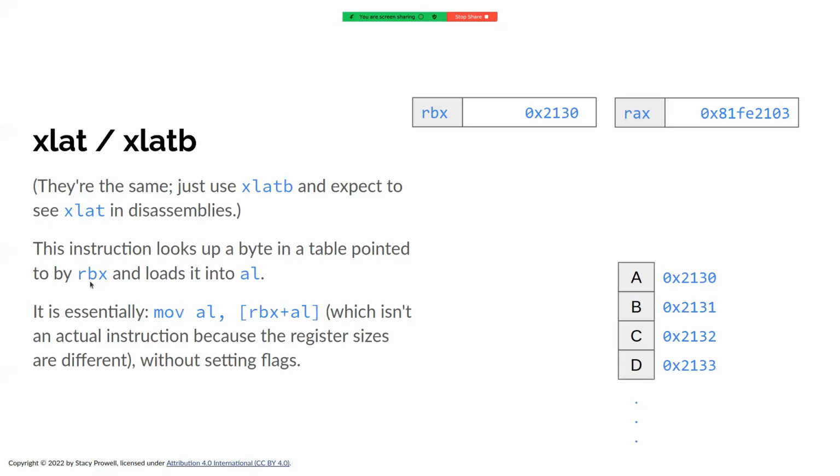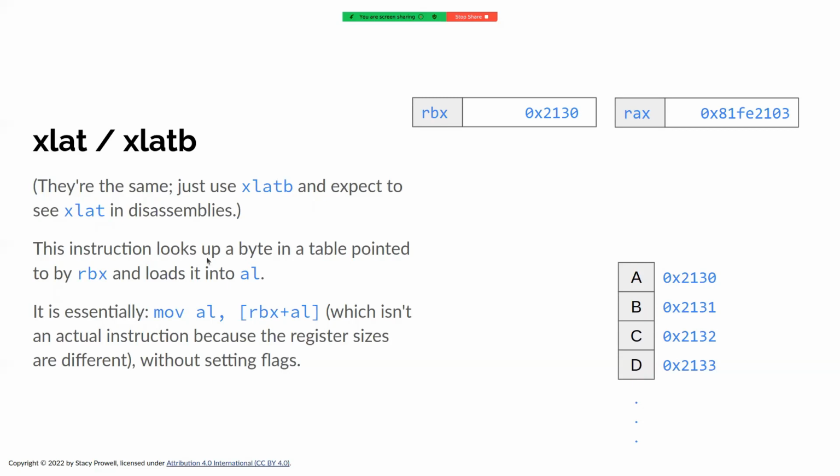So RBX is an implicit argument to this instruction. And it's going to load that byte into AL. So another implicit. You're not going to say, translate and give it a bunch of registers. You're just going to have this instruction by itself. And then you have to know that it's going to use RBX and RAX in this way.